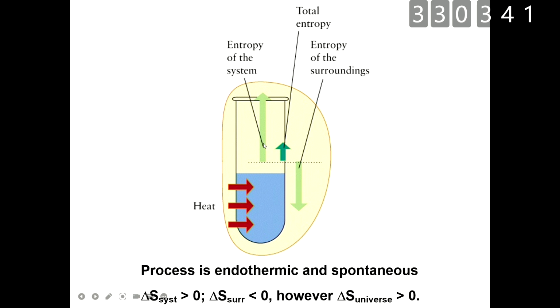But the system gets heat, and after the reaction its entropy increases, and the magnitude of the increase is larger than that of the decrease. The sum entropy change of the universe is an increase. So this reaction is also spontaneous.